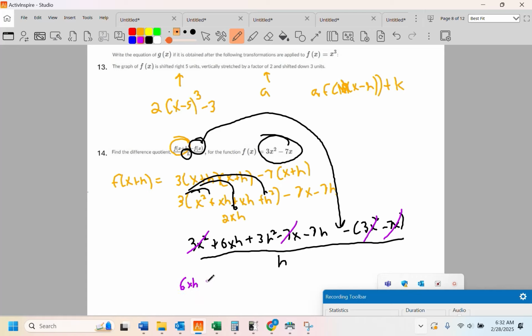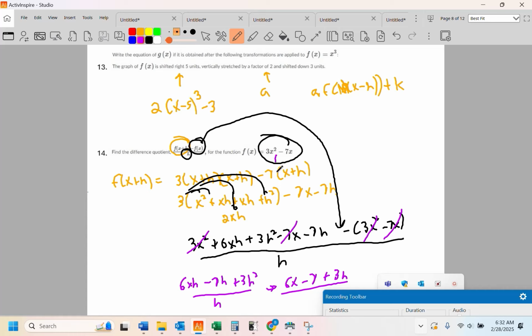So we have 6xh minus 7h, I like to change the order here, plus 3h squared, sitting pretty over an h, and there are 4 terms here, and every piece contains a common factor of h, so I can divide it out. And I'm left with 6x minus 7 plus 3h. And there's a shortcut to this too.